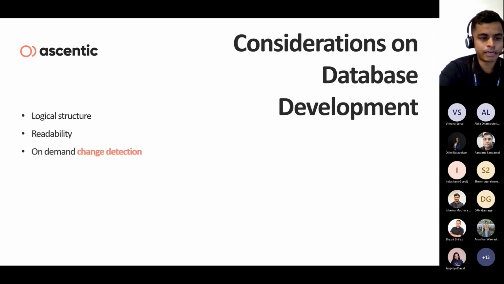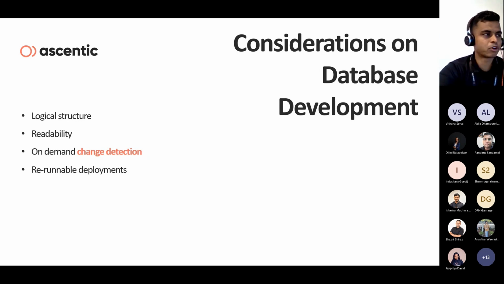So on demand change detection: if we have a mechanism that we can figure out then and there what's the change that I need to apply for a given database, that would be really important, and that will also reduce a lot of complexity and a lot of time spent on figuring out database changes.